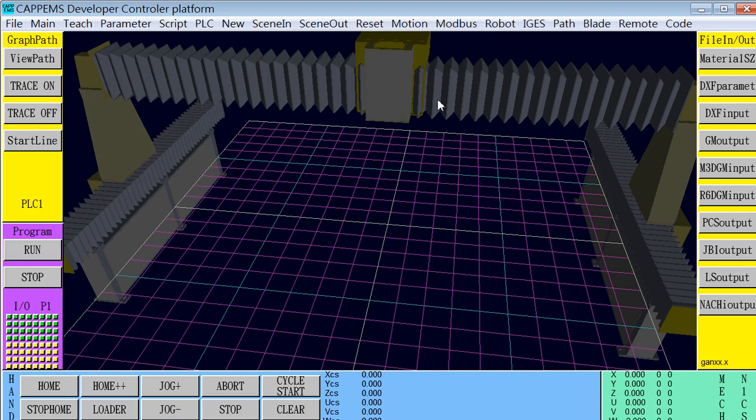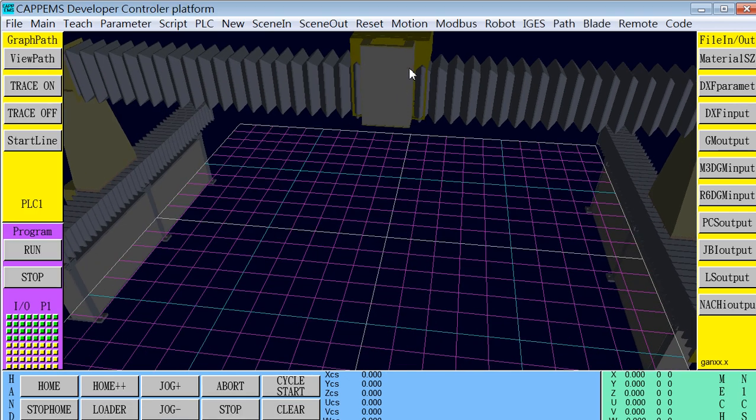GANXX. So the x-axis moving along this bar, left and the right.